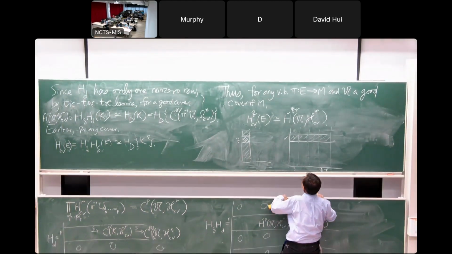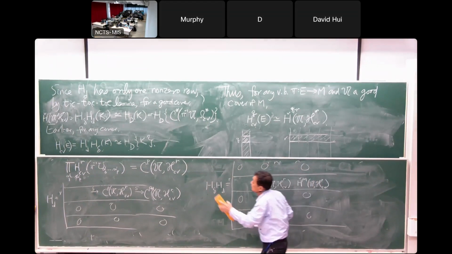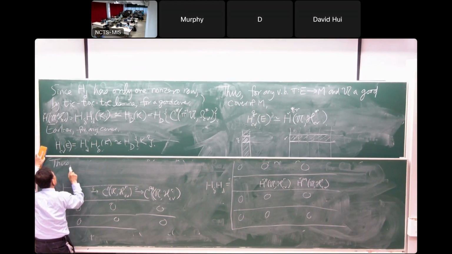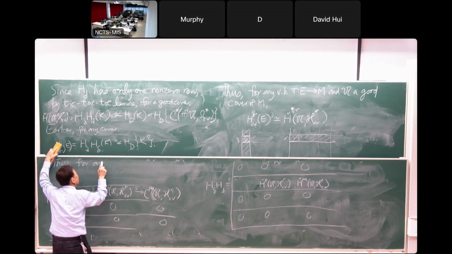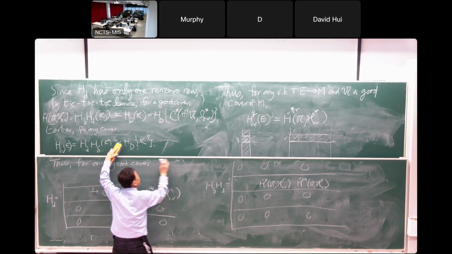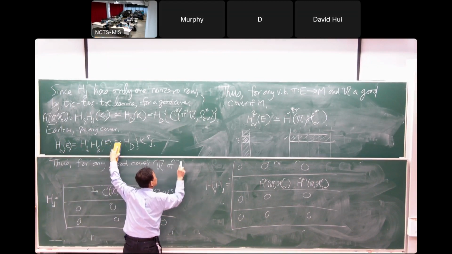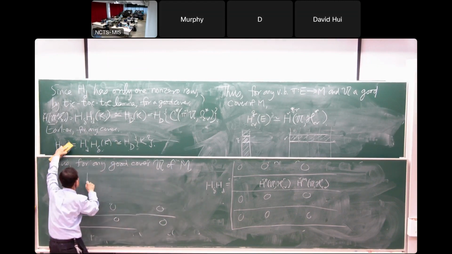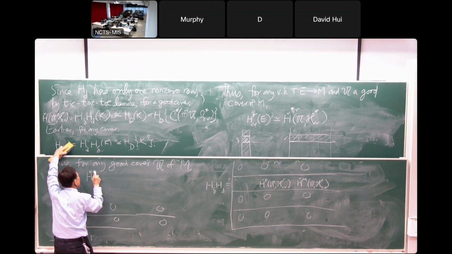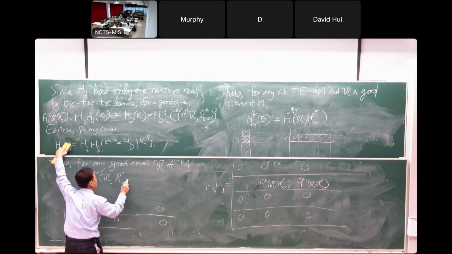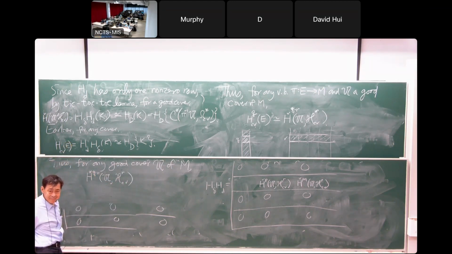So thus, for any good cover U of M, the Čech cohomology is constant.